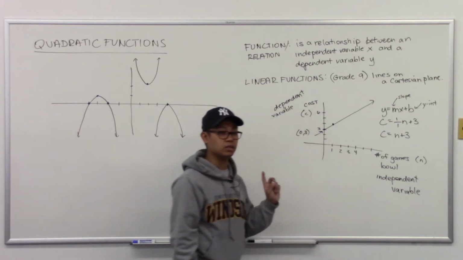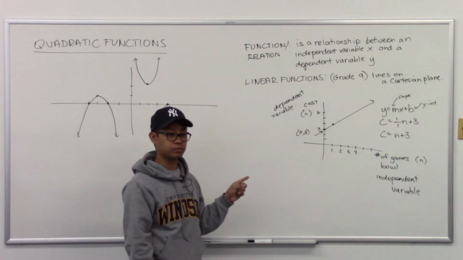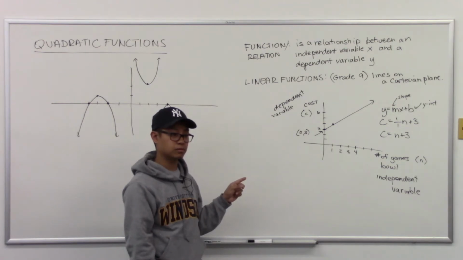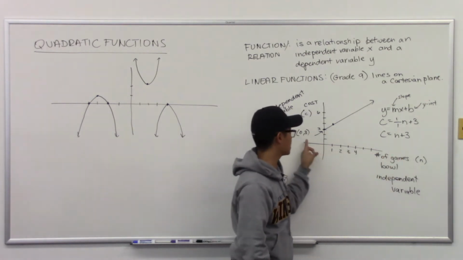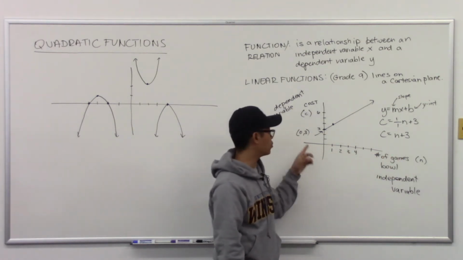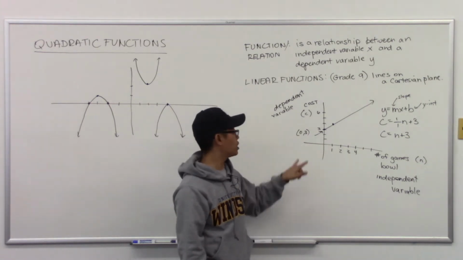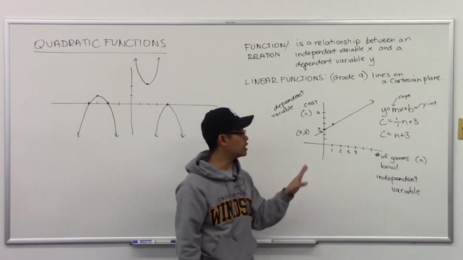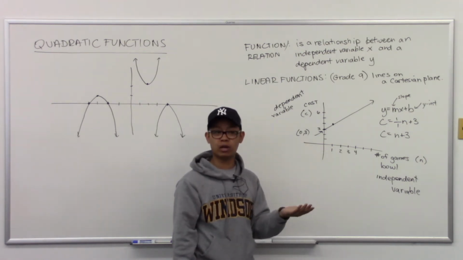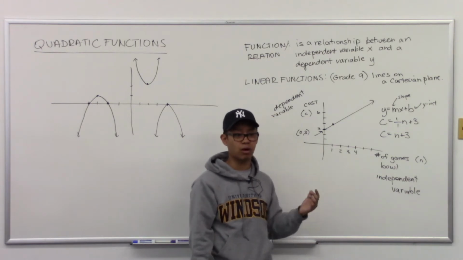Meaning that the n is what? Is the n the 0 or is the n the 3? It is 0 because isn't it the x? Isn't the x come first? And then what's the y, or what's the c? It's 3. So what do you think that is? It's the starting rate. It's the initial value. What do you think in the real life context of going bowling, what do you think that cost is of $3?